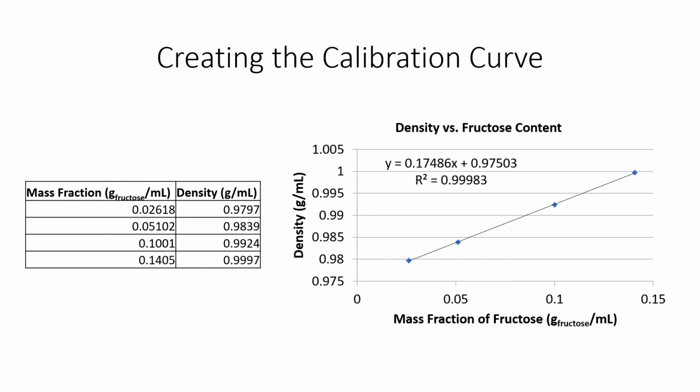As you may recall, the x-axis data goes in column A in Excel, and the y-axis data goes in column B. In this case, I want mass fraction on my x-axis, so I place my mass fraction data in column A. Cell A1 contains my heading, mass fraction in grams of fructose per milliliter, and cells A2 through A5 contain my mass fraction data, 0.02618, 0.05102, 0.1001, and 0.1405 grams of fructose per milliliter.